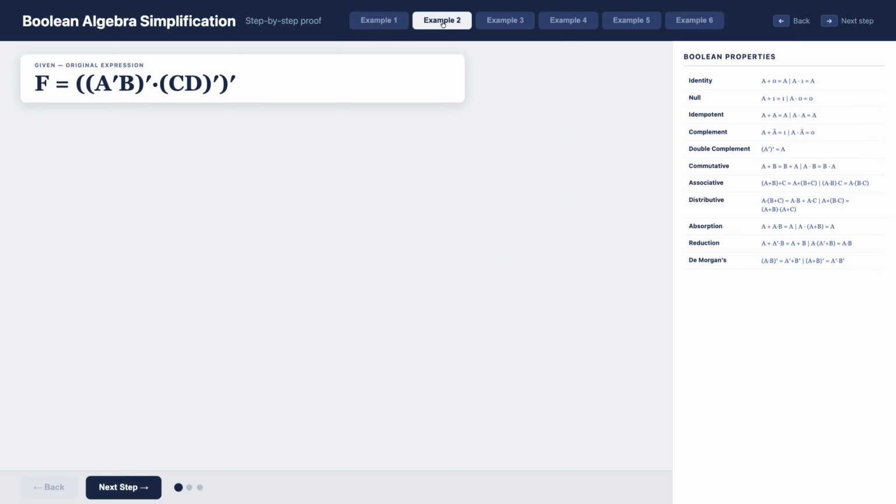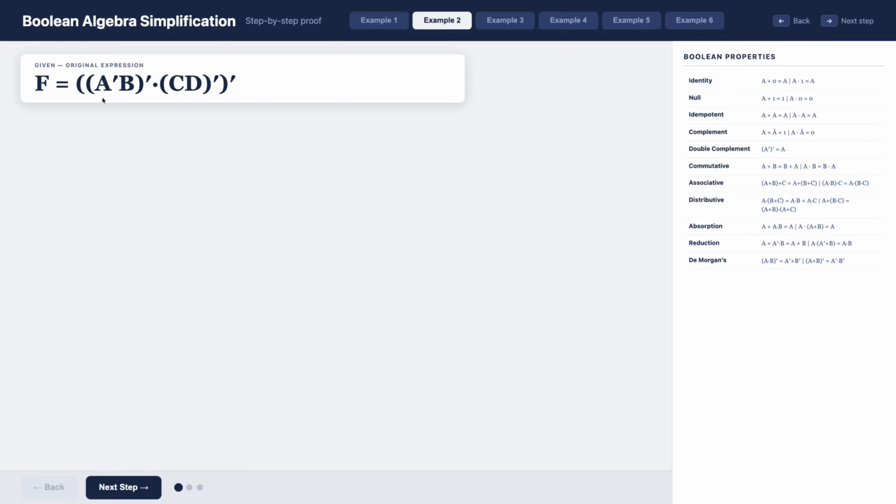Okay, let's do one more example. This one, I have it set up as an application of complements. And the reason I did that is because I worked through a previous example where we applied the pushing of bubbles through gates to get different forms of logic gates. That was an application of De Morgan's. And this is doing this process in reverse.